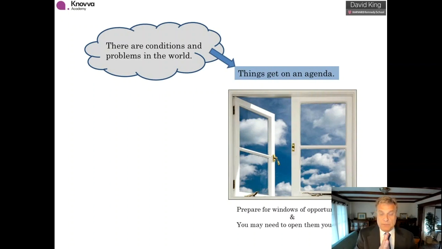For example, if there's a budget cycle for your problem, then you're going to run out of money and you know that there's going to be a crisis. Sometimes as an activist, you might want to nudge the window open a little bit. Things get on an agenda in clever ways, often now with the use of social media, trying to get people to recognize, my goodness, it's not simply a condition, but it's a real problem.